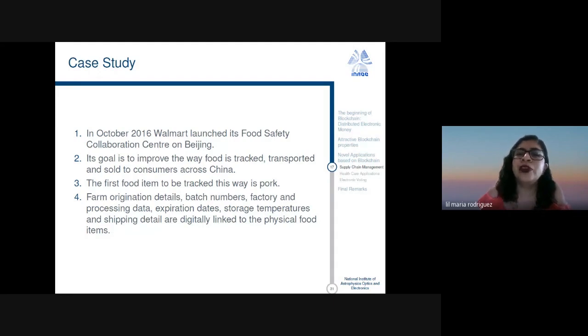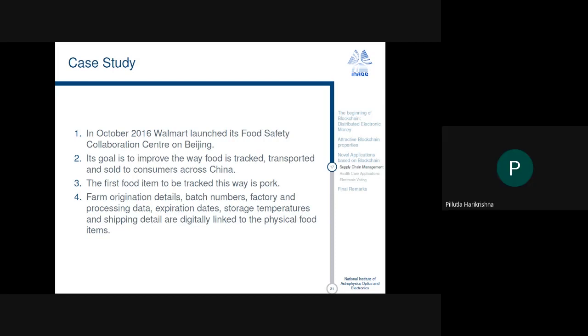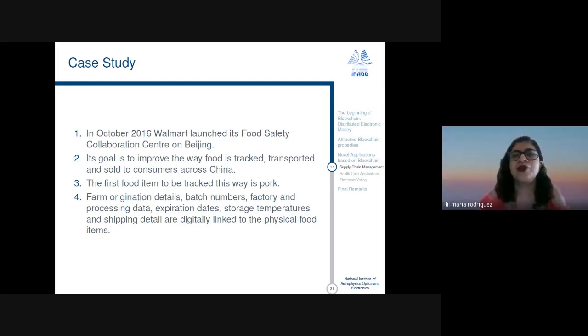The first food item to be tracked was precisely pork. And the idea was to get farm details, batch number, factory and processing data, expiration dates, storage temperature, and shipping detail.